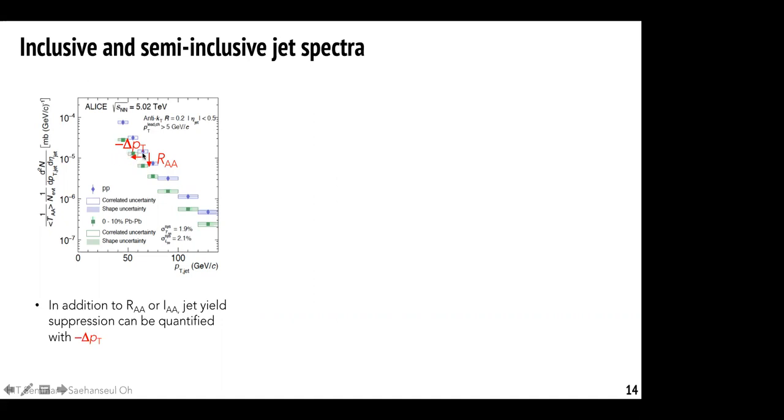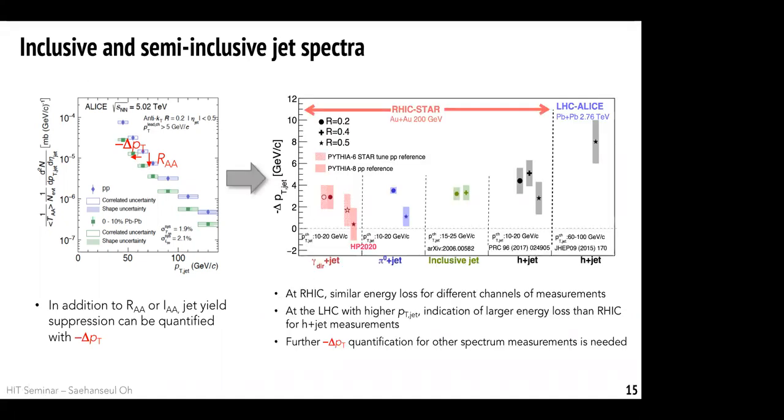We call it delta pT. So we can just measure the amount of horizontal translation to quantify the jet yield suppression. And this plot shows the jet yield suppression of multiple channels, quantified with the delta pT.